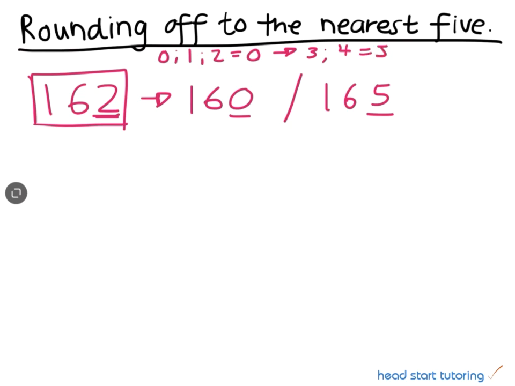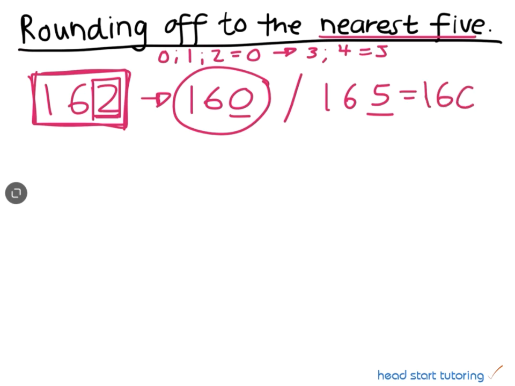So because we've got 2 as a unit in the number 162, 160 will be the closest number, so the closest multiple of 5. So if we were to round off the number 162 to the nearest 5 or the nearest multiple of 5, our answer will be 160.